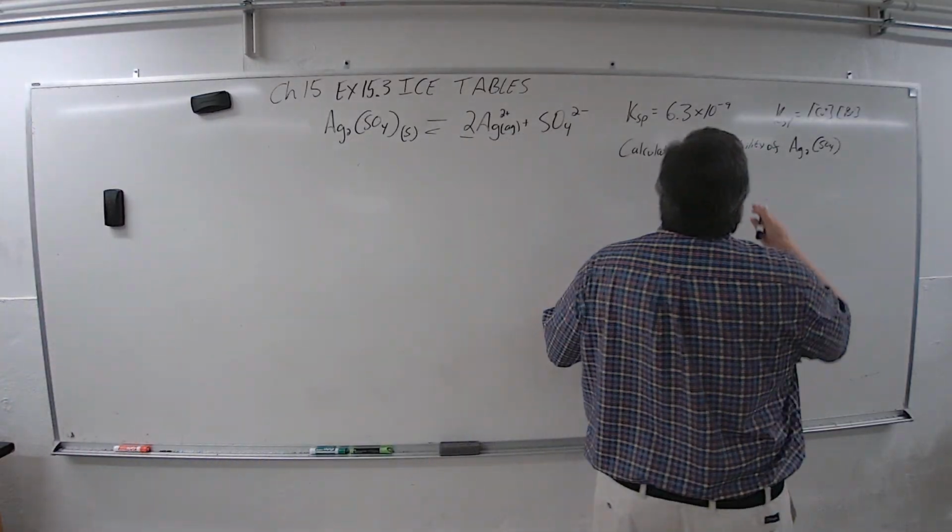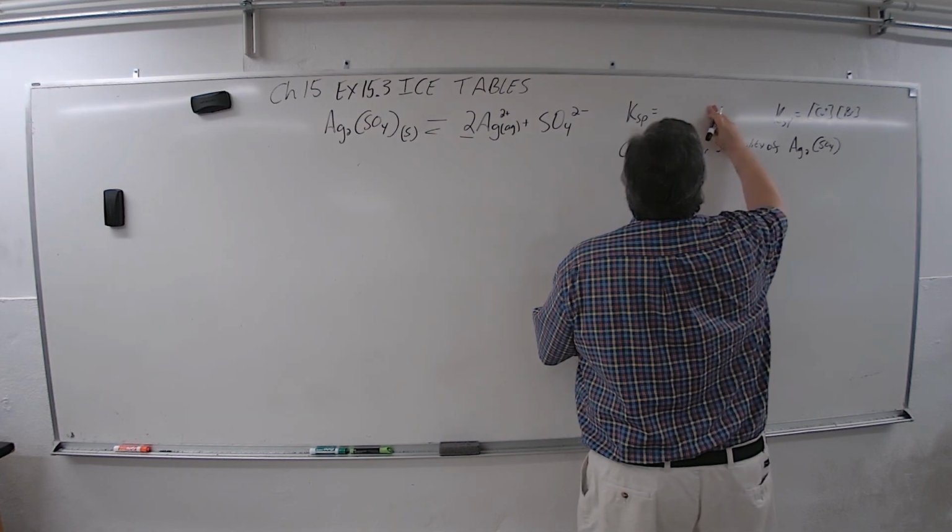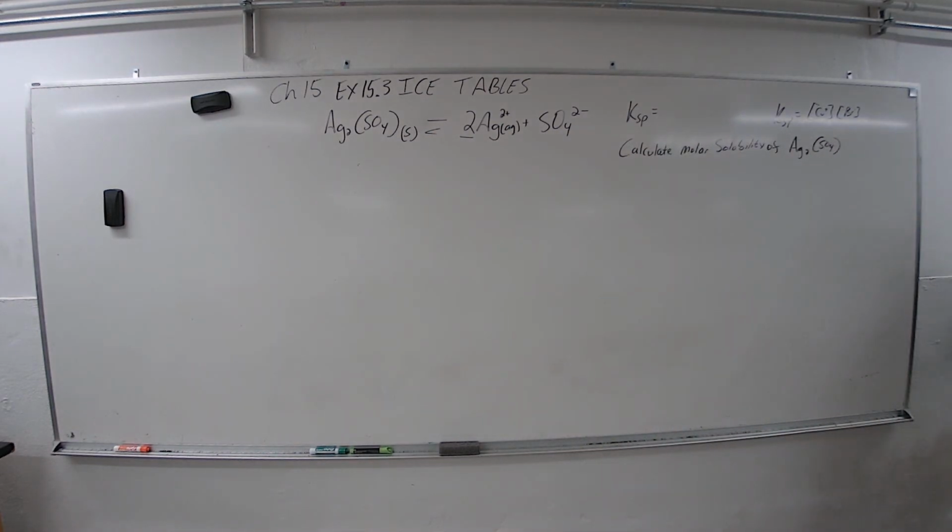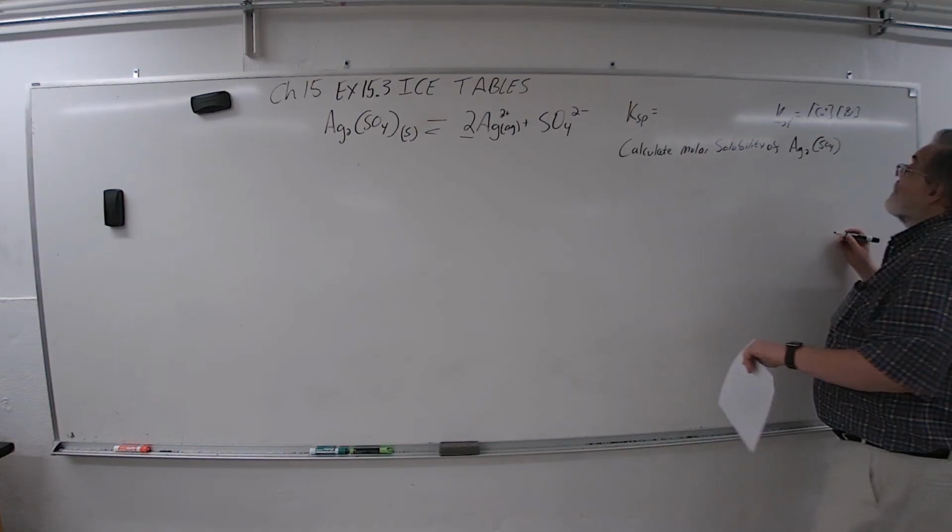You're given these for these types of problems. Let me look at one real quick. Ag2SO4, a bunch of these are in the appendix. So it's 1.2 times 10 to the negative 5.